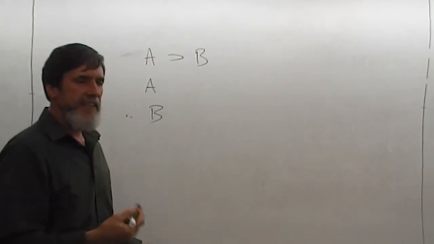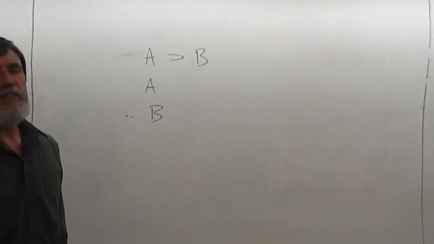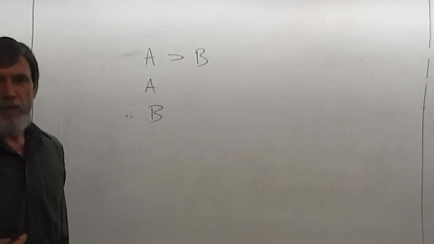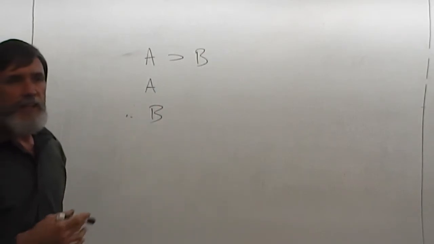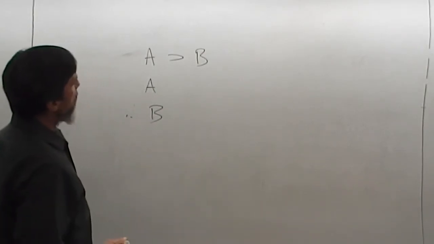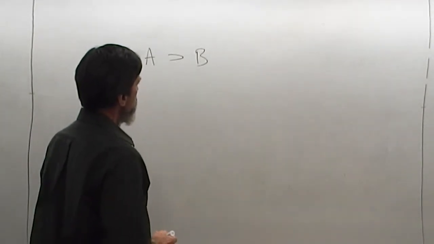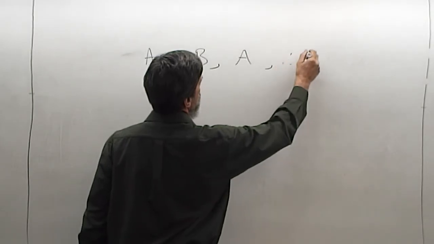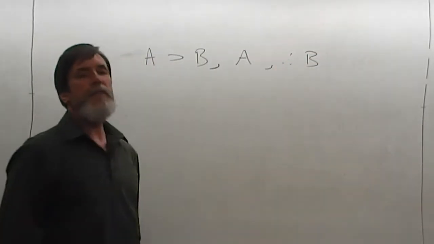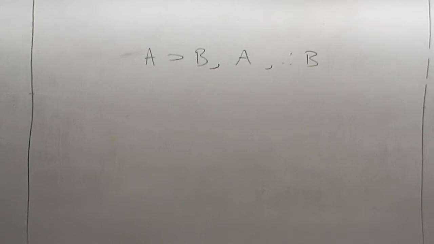But to set up the argument for this proof procedure, the first thing you do, on your scratch paper, is simply rewrite it horizontally. And you separate the premises with commas. And the last premise from the conclusion with a comma. And use our 3-dot symbol for therefore.